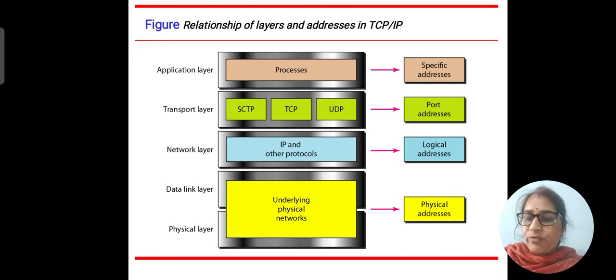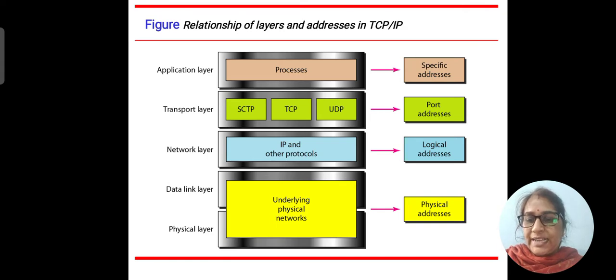The next is the logical address, as shown in the block diagram. Logical addresses are necessary for universal communication that is independent of underlying physical networks.